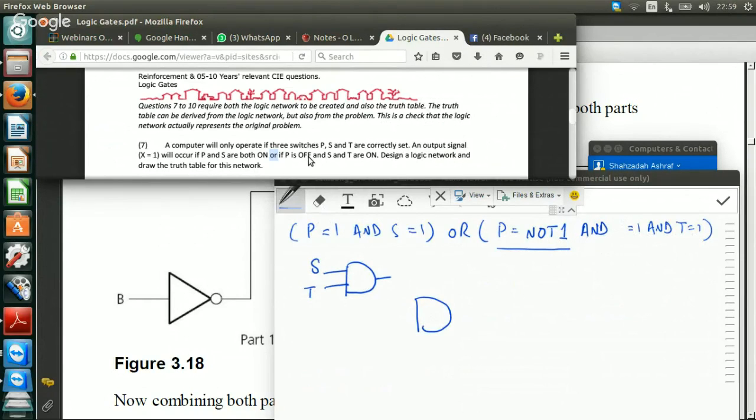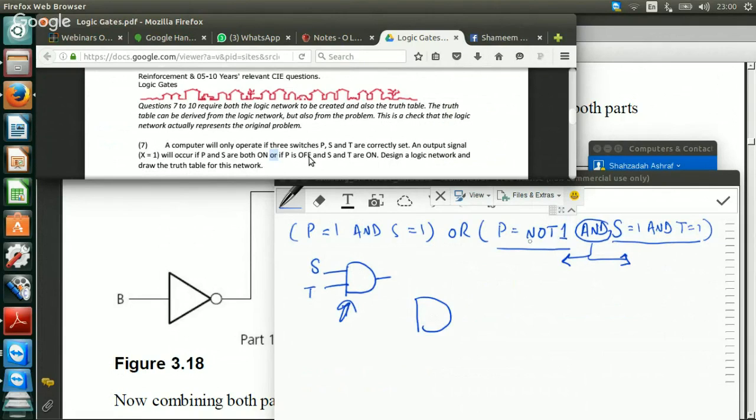So we have solved this portion already, and that is this one. Now we need to solve the rest of the part. So this is another AND gate, and this AND gate has two inputs, this one and this one.